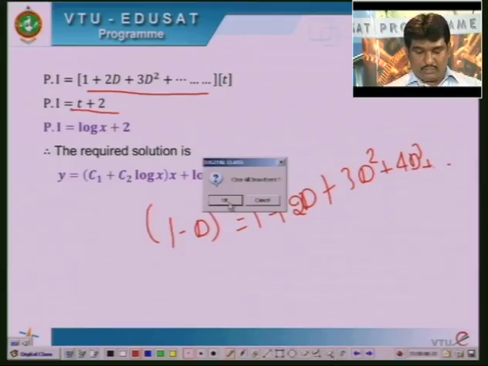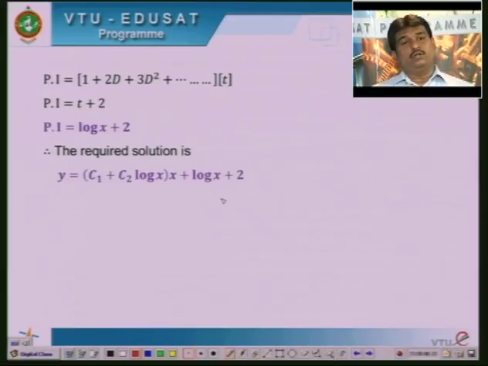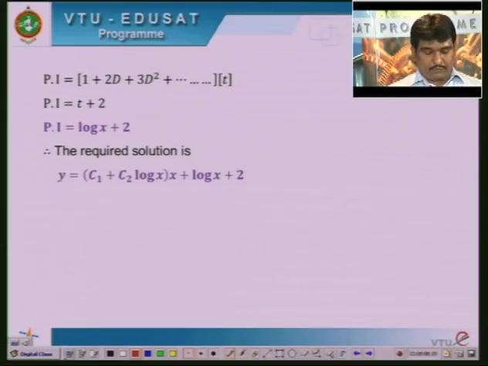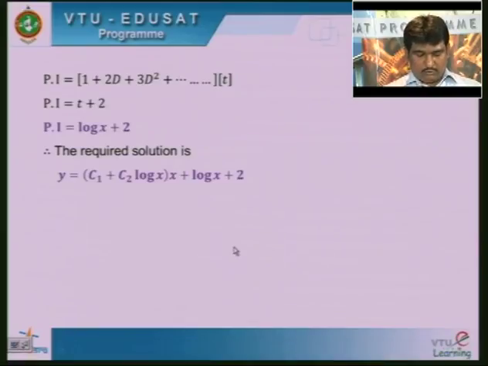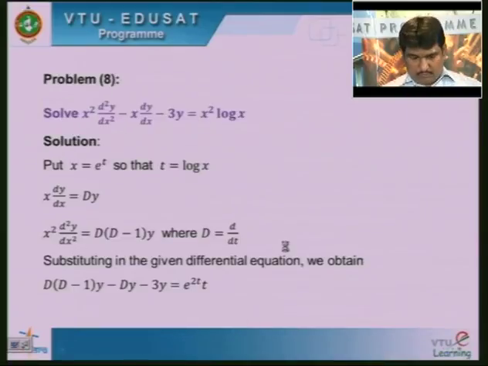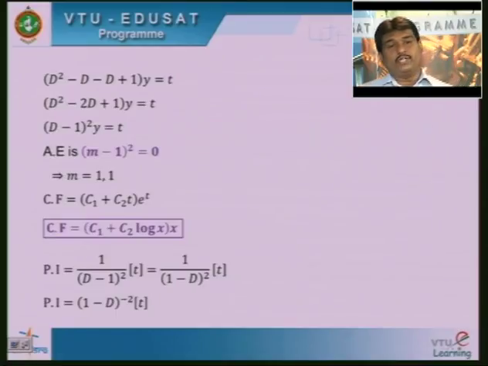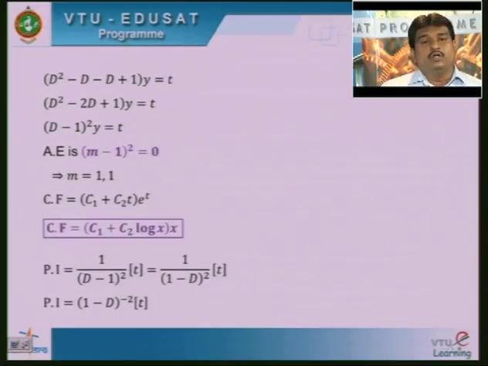If you want, you can find PI in this case using the division method also. You can see we have 1 divided by 1 minus d the whole square into t.